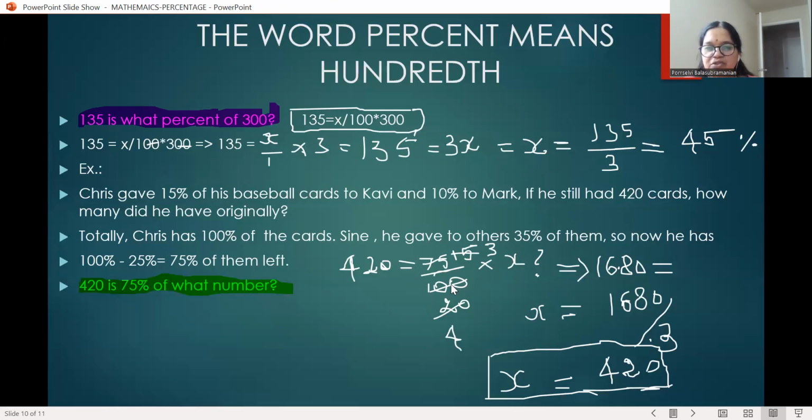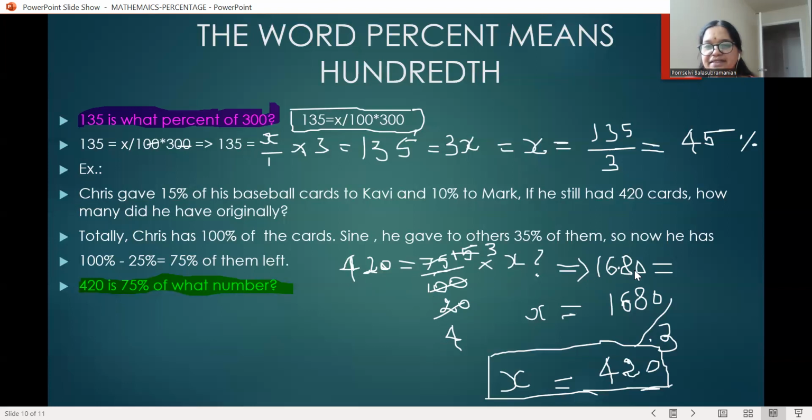Okay, here. So first you simplify 75 by 100. When you simplify, we'll get 3 by 4. You remember in the previous slide, I have told 3 by 4 is 75%. Okay. So now 420 is equal to 3 by 4 into x. So you cross multiply, 4 into 420 will get 1680.